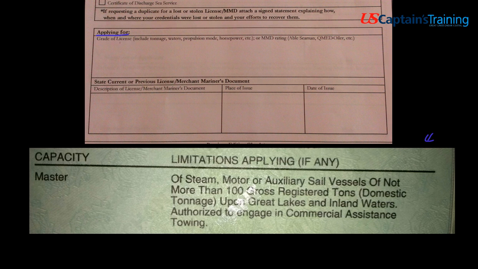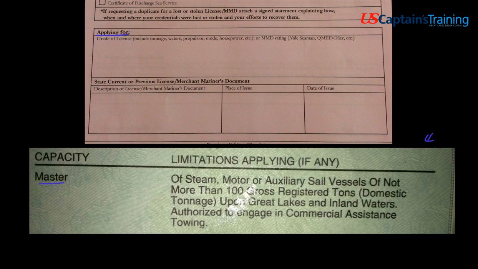So applying for, grade of license include tonnage, waters, propulsion mode, horsepower, etc., or merchant mariner document rating, able-bodied seaman, QMED oiler, etc. So this is actually from my license. I took a picture of it. You can see the seal right down here. So what we're applying for here is, I hope everybody applies for this, a master's.